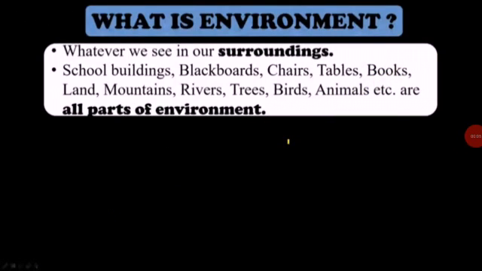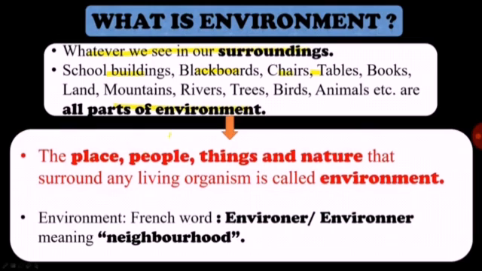So now, in short, we have understood what is environment. Whatever we see in our surroundings, school buildings, blackboards, chairs, tables, books, land, mountains, rivers, trees, birds, animals, etc., all are part of environment.